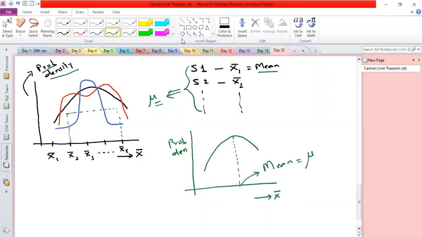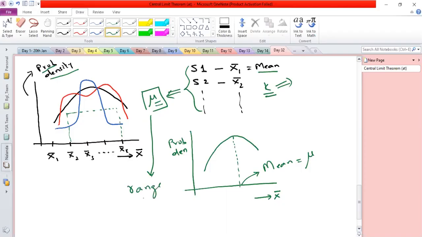But the question is, suppose I collected only k samples, are these k samples good enough to get my mu? We don't know. Guys, are you with me? Since we don't know, we always give a range. We always define this in the form of a range.